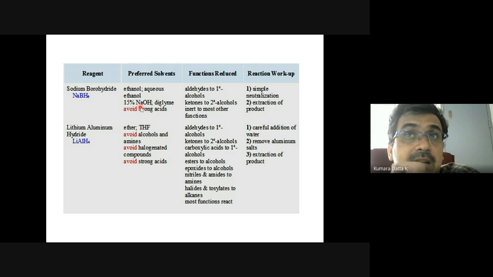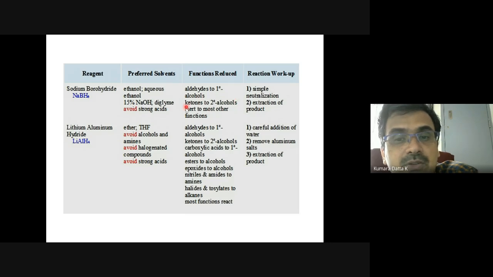Or even sodium hydroxide solution. As such, sodium borohydride is basic, so do not use strong acids. Sodium borohydride can reduce aldehydes into primary alcohols and ketones into secondary alcohols. Otherwise, it is inert.